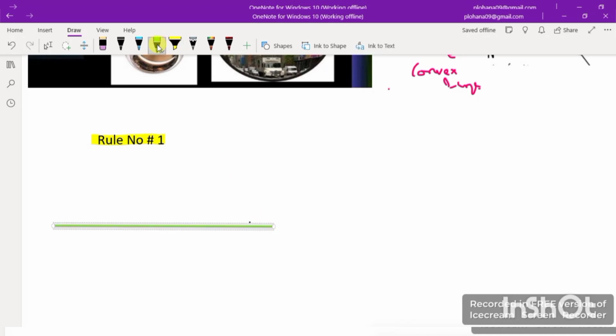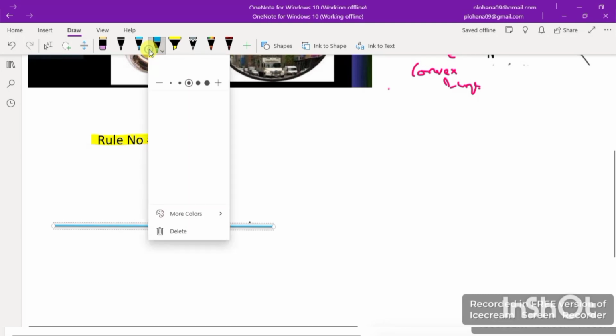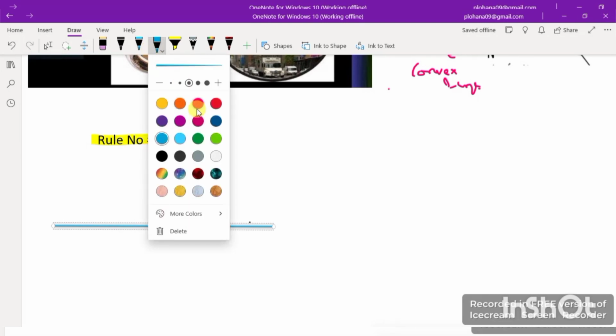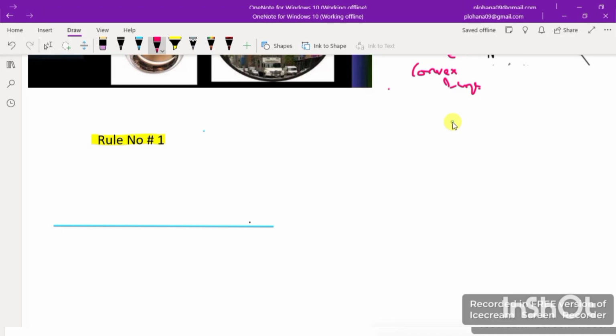Now I'm going to make the convex mirror, right? Just going to make the convex mirror. Right. So we know that the concave mirror is like this, while it moves inward while reflecting, right?